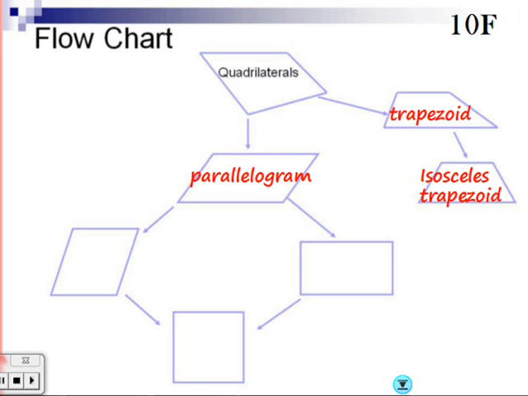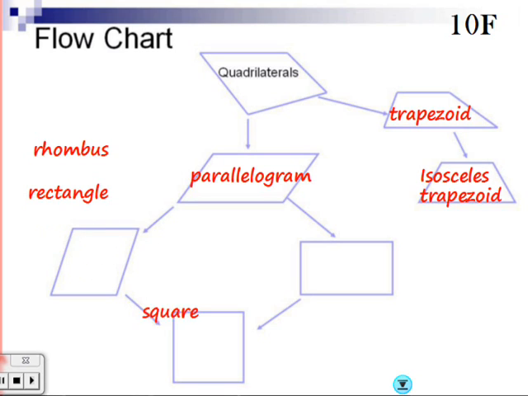Then specifically we could have a rhombus. We could have a rectangle. And if we combine the powers of a rhombus and a rectangle, we could have a square.